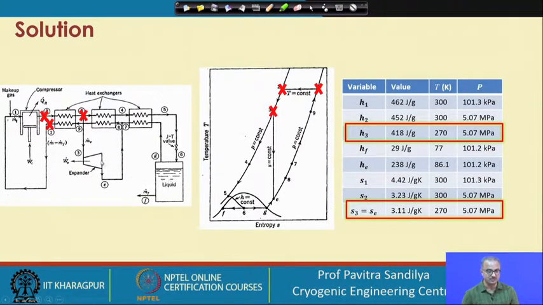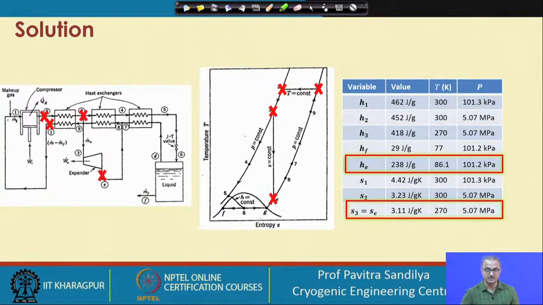And then the value of S3. Because ideally this is an isentropic expansion, naturally the entropy at the entry and the exit of the expansion engine will be the same. That is why we write S3 equal to SC, and these are found at the given temperature and pressure.